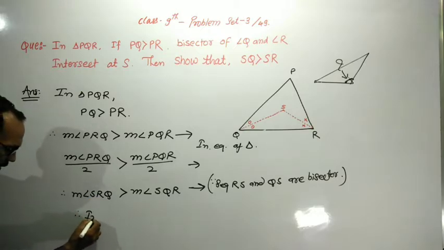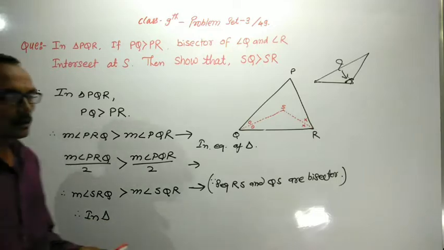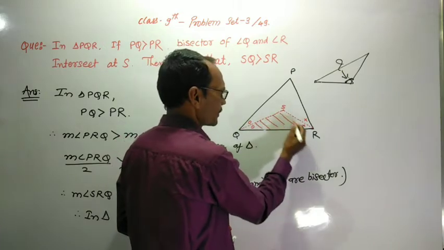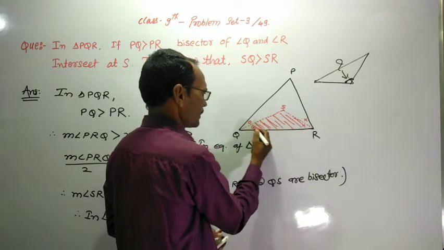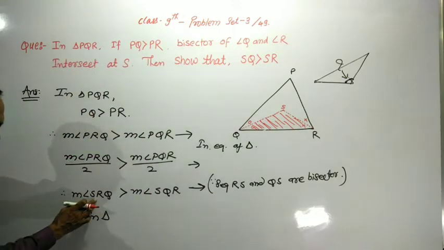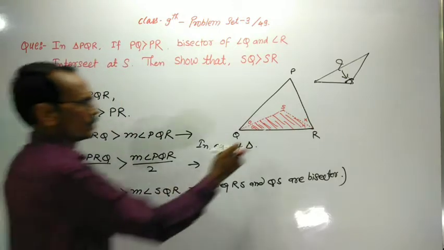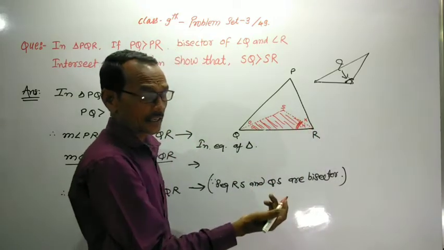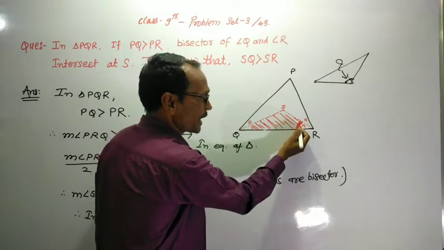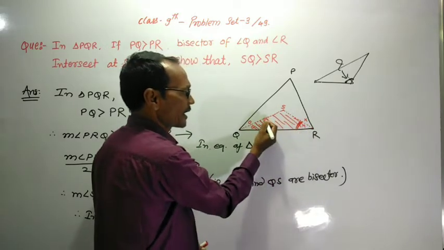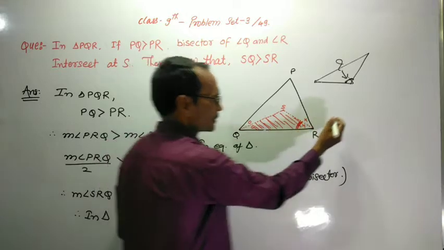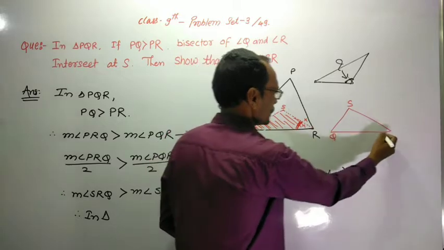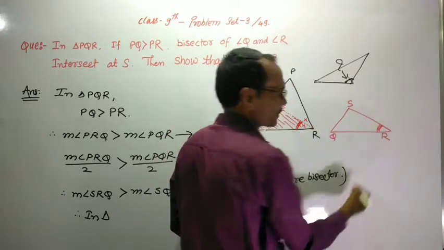Therefore, take the small triangle. Which triangle is that? Here, this is the triangle. In this triangle, which angle is greater? SRQ. This angle is greater. Then what is the inequality? Side opposite to greater angle is greater. I can draw the figure here. Here is S, here is Q, here is R. This angle is greater.